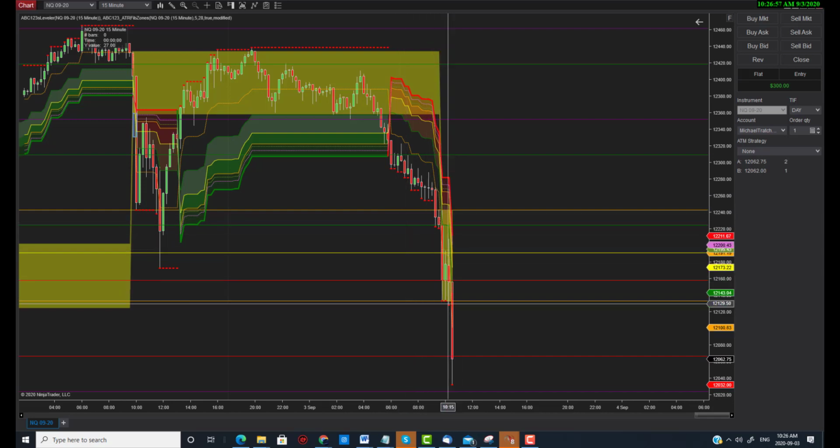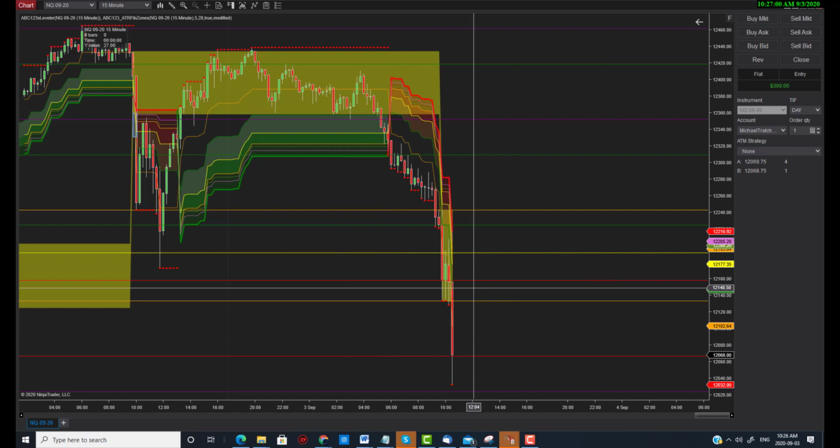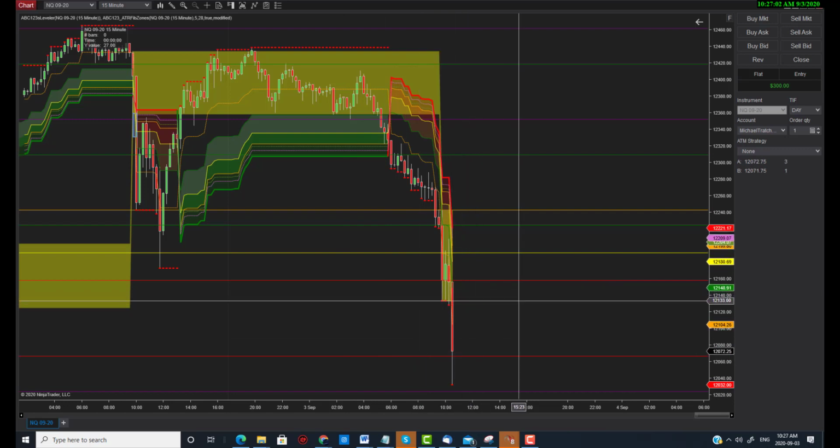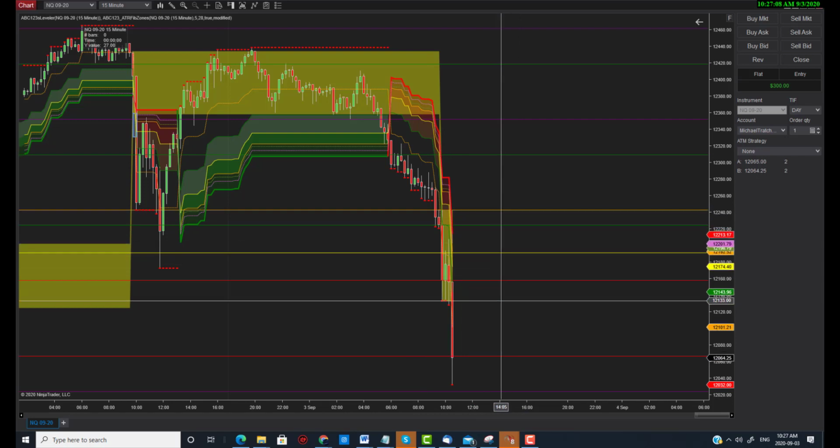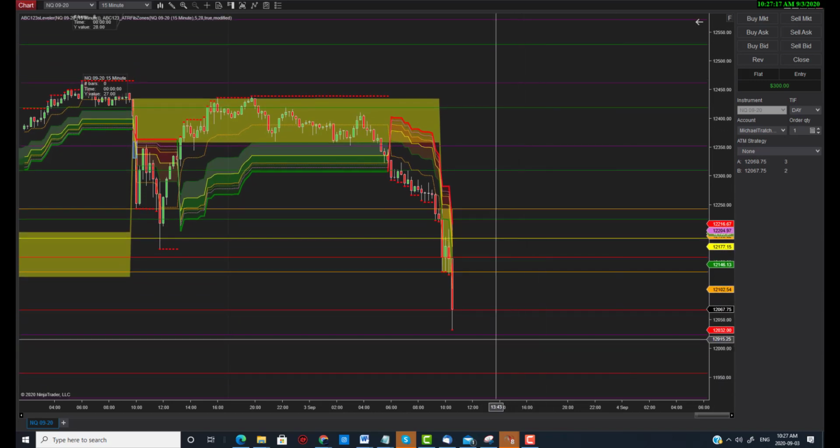And then what he'll do is he'll project lines. If it breaks, the original zone is the upper zone and the lower zone, and the red lines and green lines are target 1, and the purple lines are zones of interest.